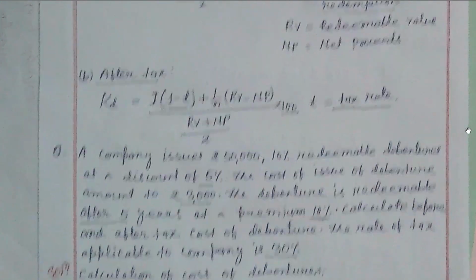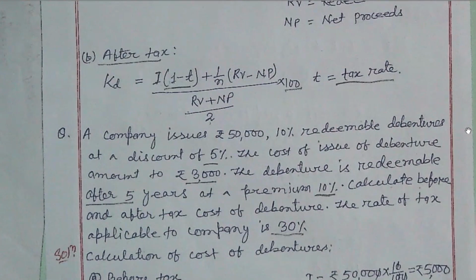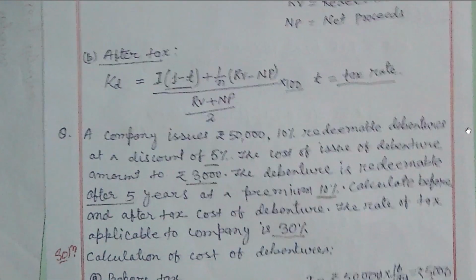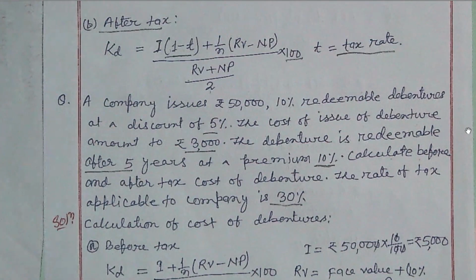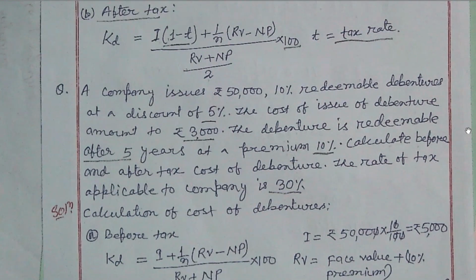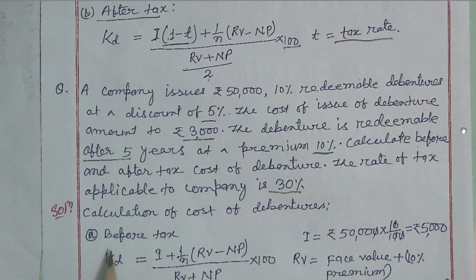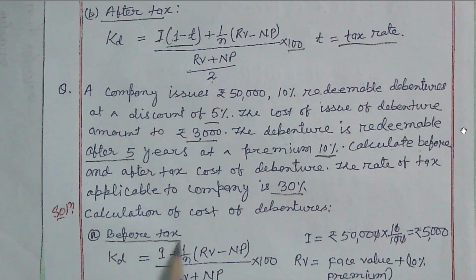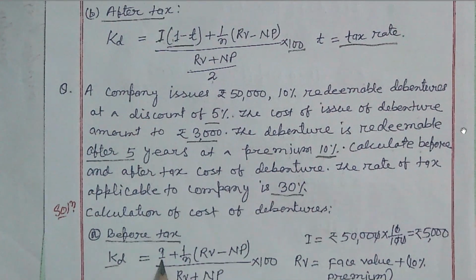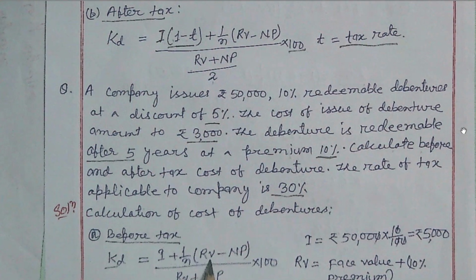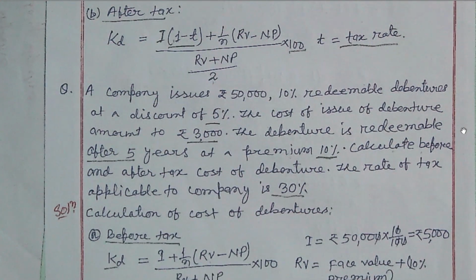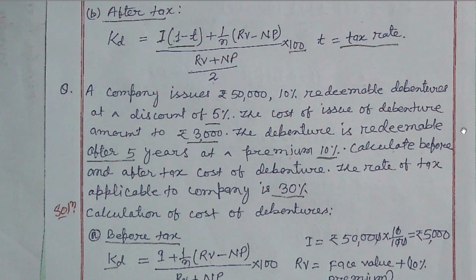Okay. Now the formula we will use is as explained above, the before tax and after tax formula. So that formula we are using here to solve this problem. Here it is written before tax: KD equals I plus 1 by N into RV minus NP, again divided by RV plus NP by 2.